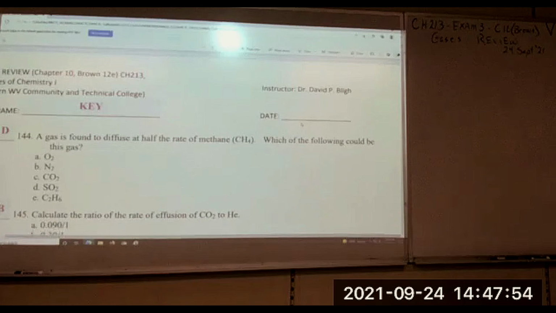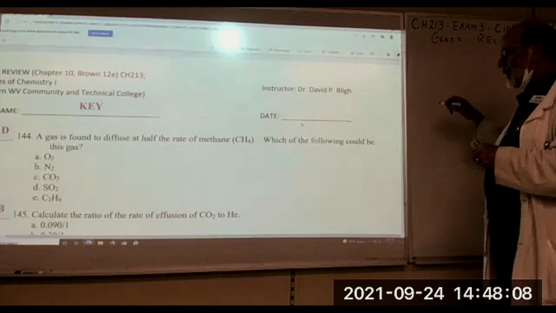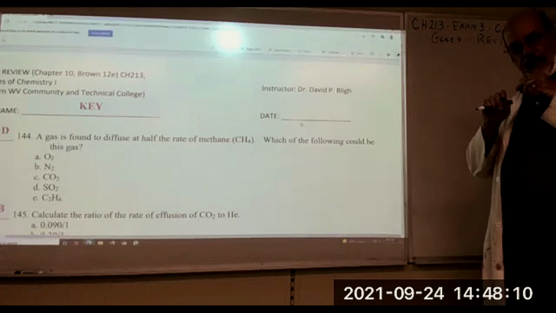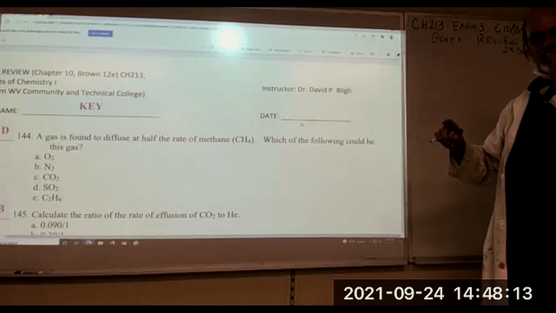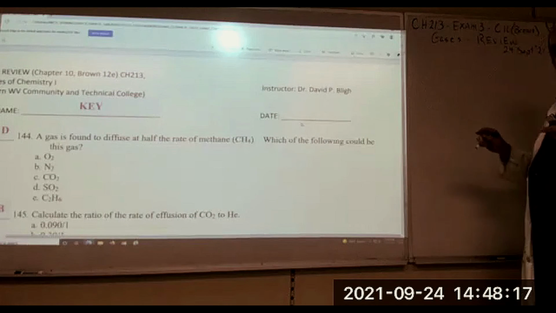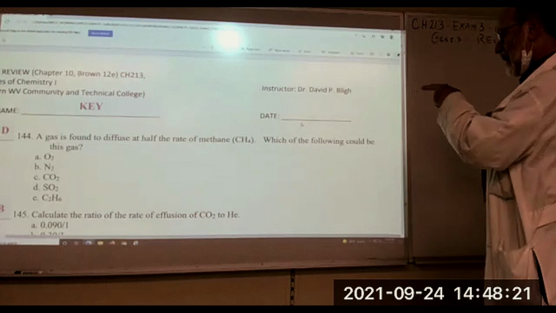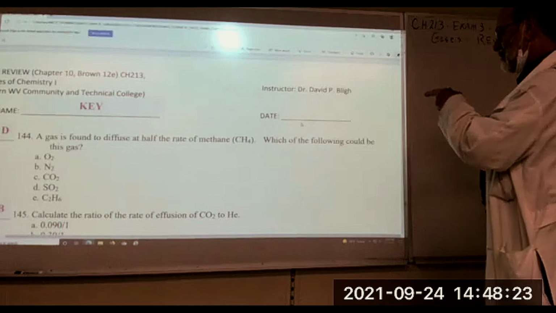There. A gas is found to diffuse at half the rate of methane. Which of the following could be that gas? All right, what's the ratio? What's the relationship here? The rate that a gas diffuses is inversely proportional to the square root of its molar mass. So what I'm saying is, half the rate of methane.